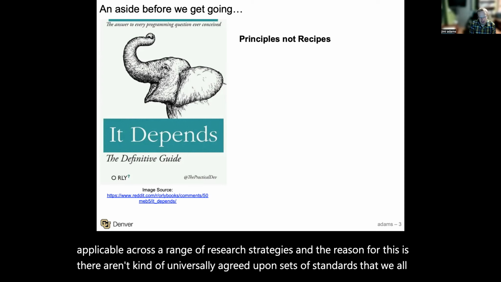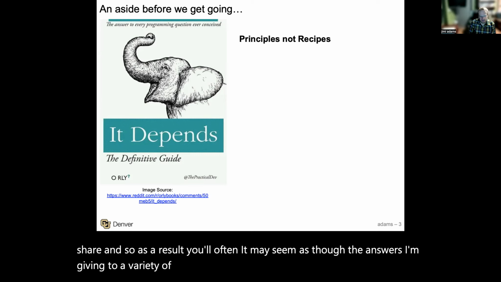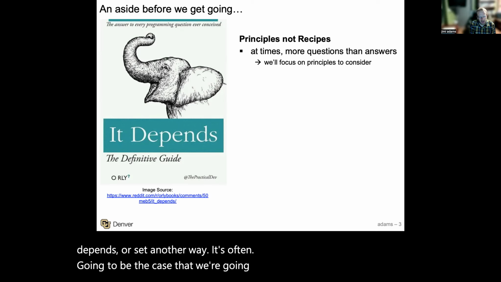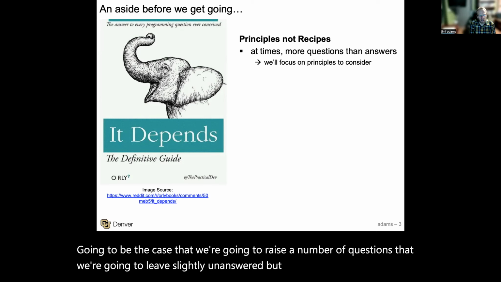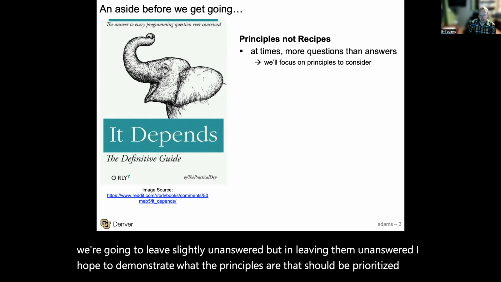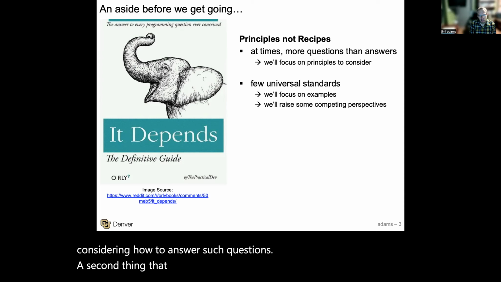And so as a result, it may seem as though the answers I'm giving to a variety of questions are the classic "it depends," or said another way, we're going to raise a number of questions that we're going to leave slightly unanswered. But in leaving them unanswered, I hope to demonstrate what the principles are that should be prioritized in considering how to answer such questions.